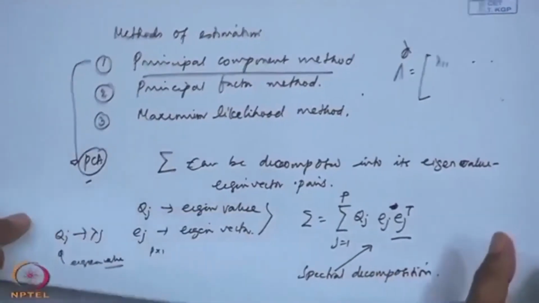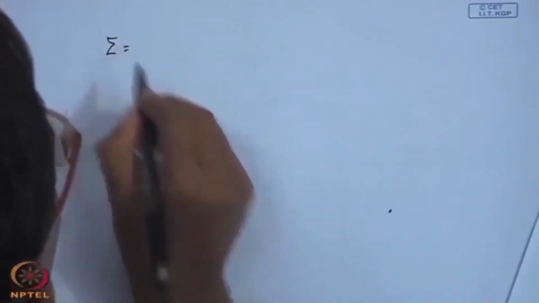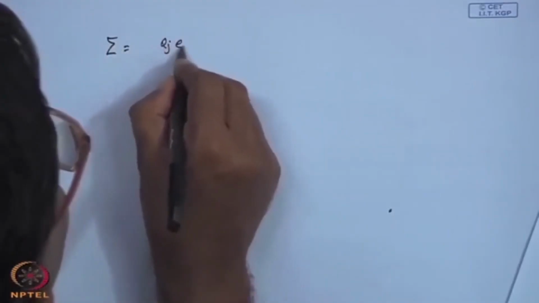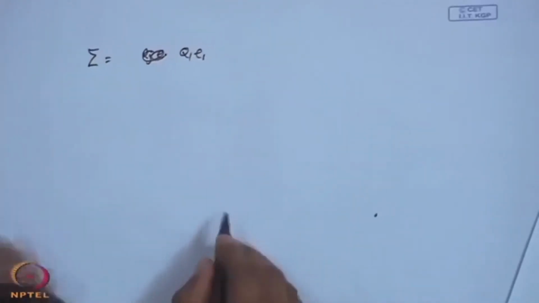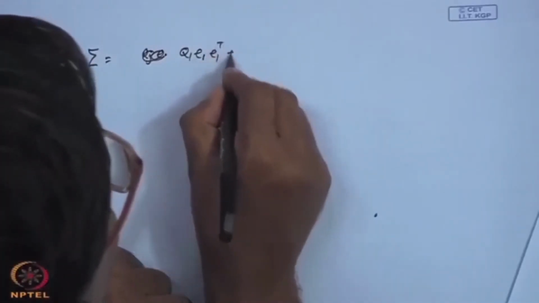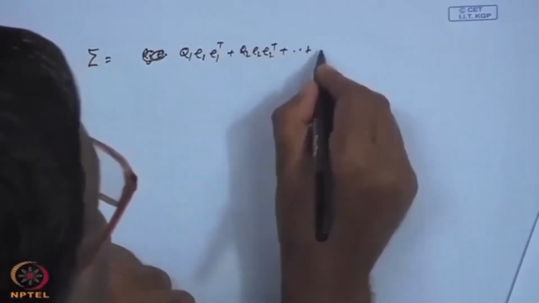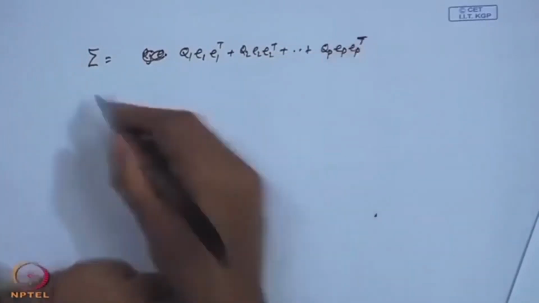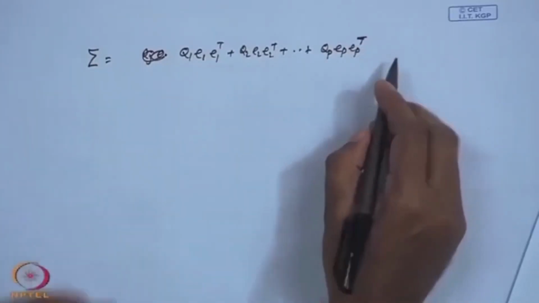If this is the case, then can we not proceed like this: Q1 E1 E1 transpose plus Q2 E2 E2 transpose, like this up to Qp Ep Ep transpose. You can write it in this manner.